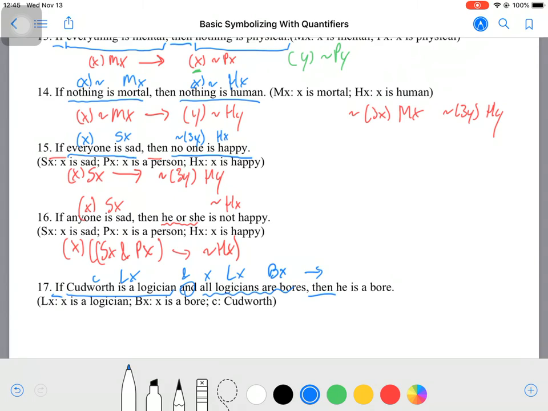And then he, little c Cuddleworth, is a bore. So let's start with Cuddleworth as a logician. That's going to be LC. And all logicians: for all X, if X is a logician, then X is a bore. And if this entire statement is true, then it follows that Cuddleworth is a bore.